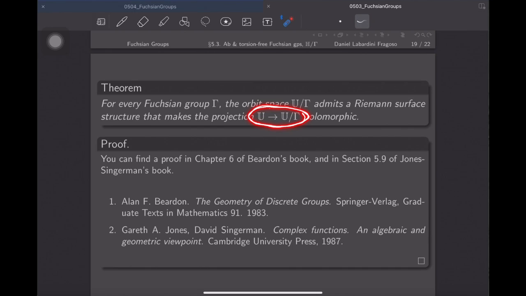So one takes an open set here evenly covered by this projection.